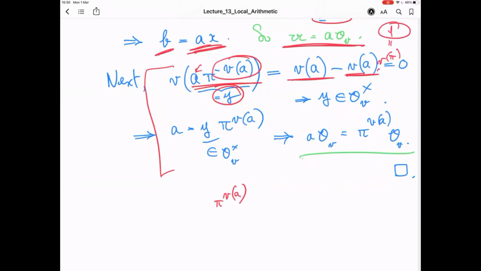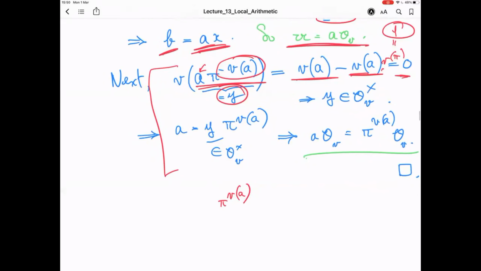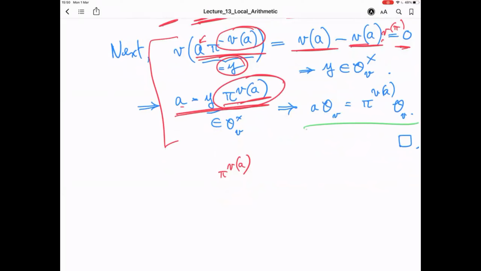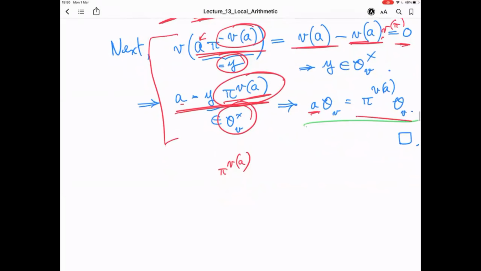So this difference is 0, and therefore a is y times pi to the power v(a). In other words, a and this pi to the power v(a) differ by a unit, and therefore they generate the same ideal.